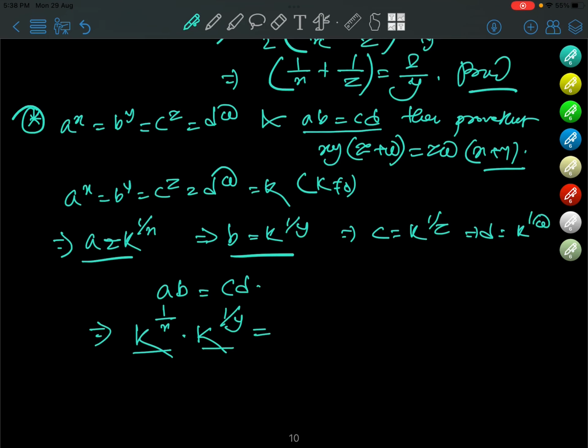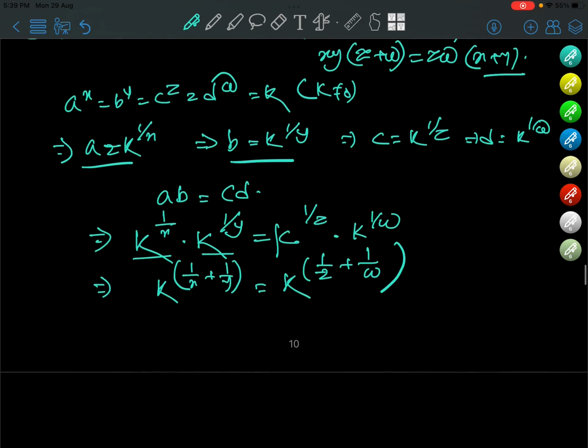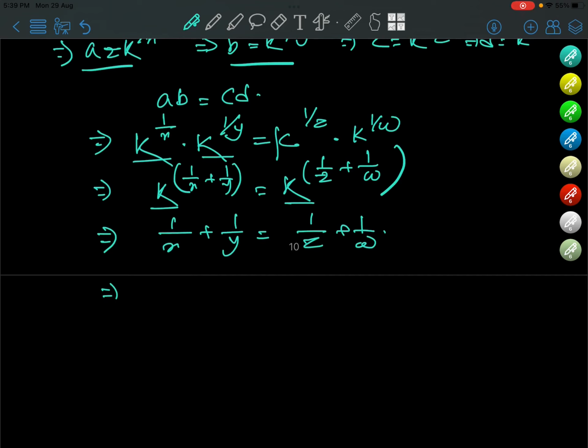Now c equals k to the power 1 by z, and d equals k to the power 1 by w. Now k to the power (1 by x plus 1 by y) equals k to the power (1 by z plus 1 by w). Now the indexes will be equal to each other. Now we will do the sum.